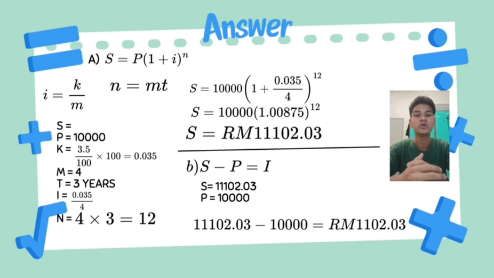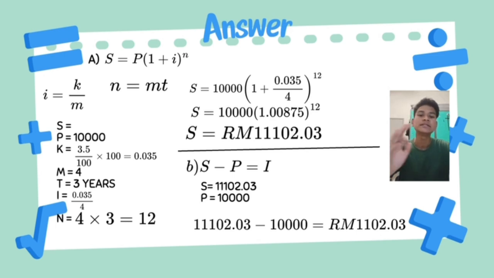To find i, we use the formula K per M, and n is M multiplied by T. M is 4 because it is compounded quarterly. We put these amounts into the formula until we get the answer, RM11,102.03.